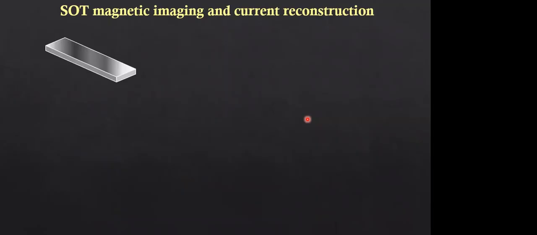Now, to show you what the measurement scheme looks like, we take a device which looks like this, a bar of some material, and then we bring our scanning SQUID on top of it, and we pass a current I0.